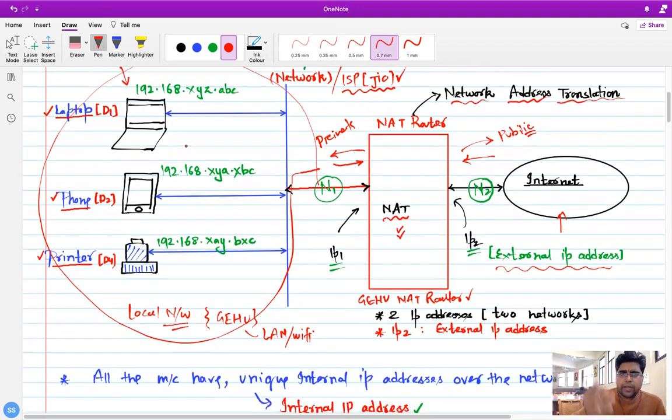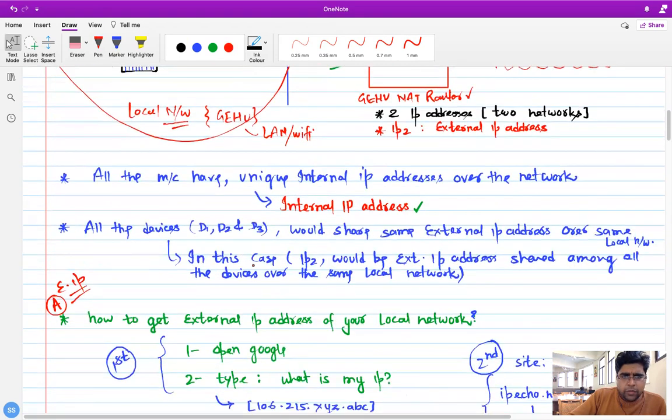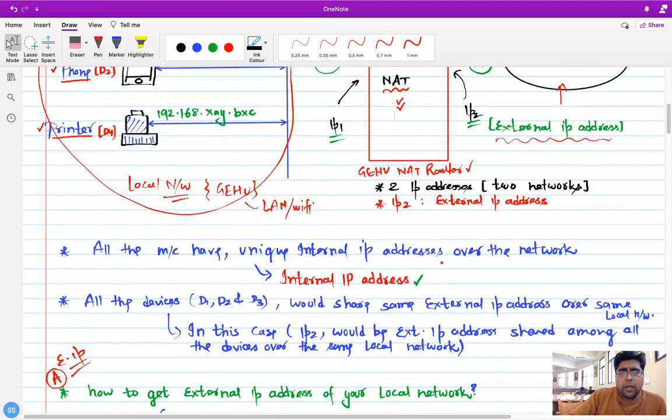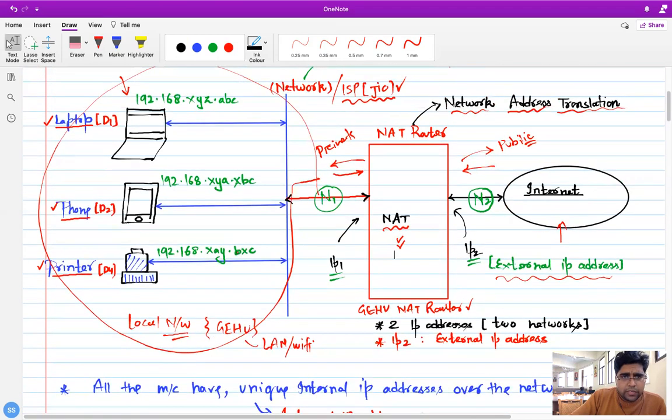Okay, we will see why this complex mechanism is there, but first you understand the working of this mechanism. So in this case, IP2 would be the external IP address shared among all the devices over the same local network. It means IP2 would become the public IP address for all these devices.